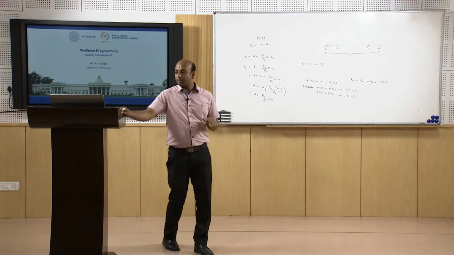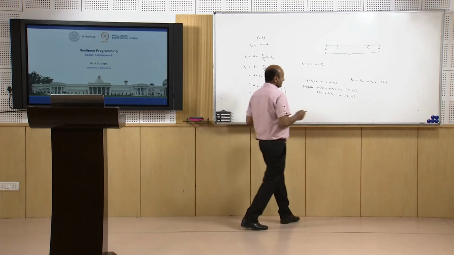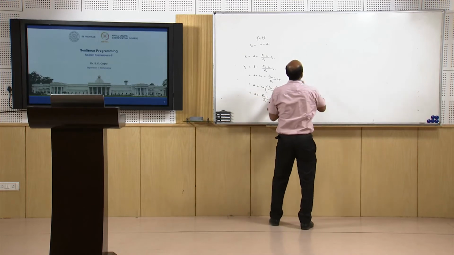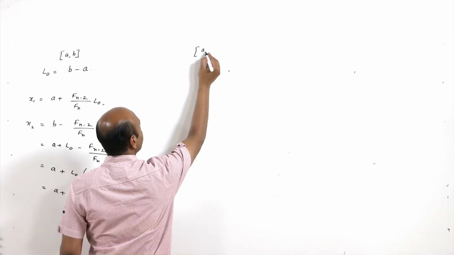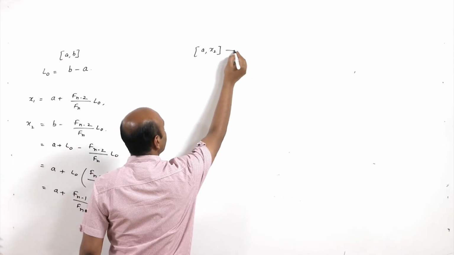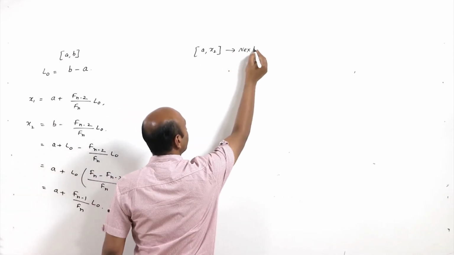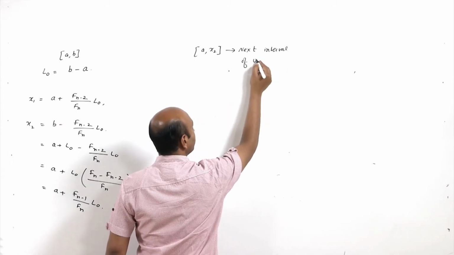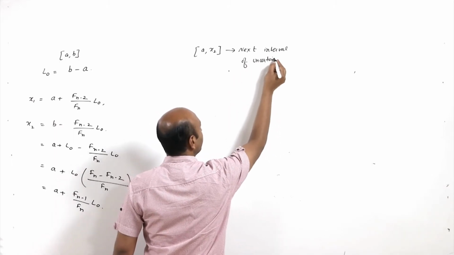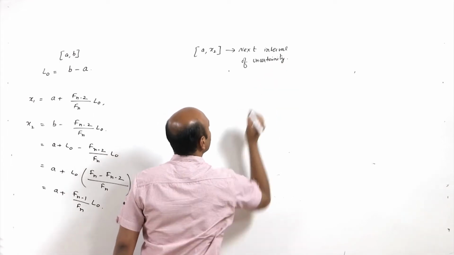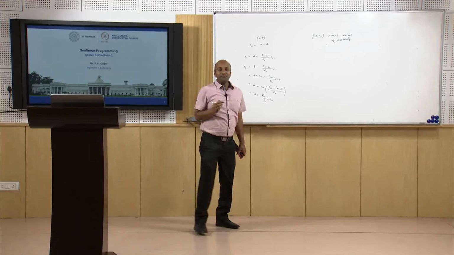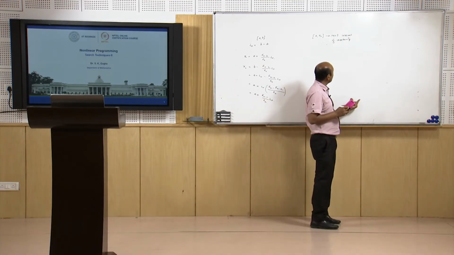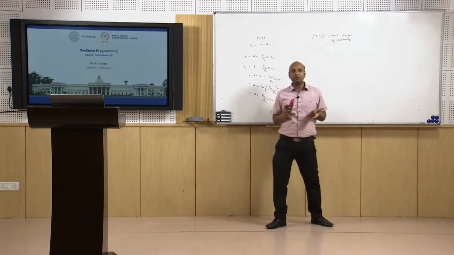Now let us suppose the next interval of uncertainty is A comma x2. If it is the closed interval x1 to b, then the same process will be followed.